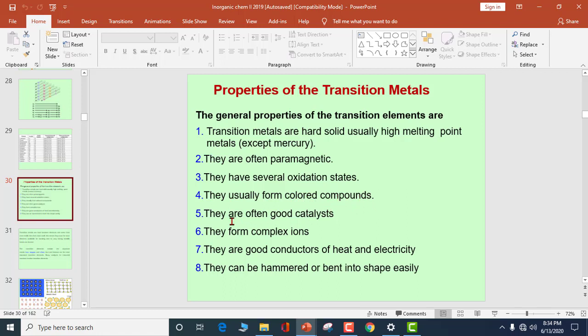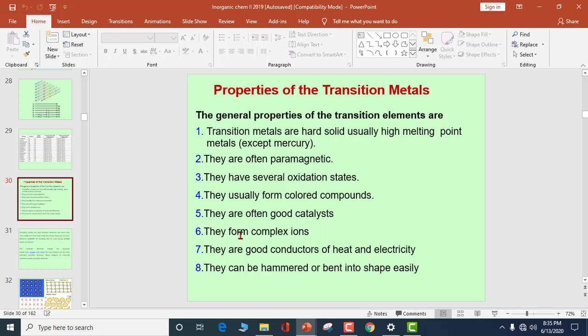Secondly, the transition elements have the much famous property of forming complexes or coordination compounds. That is why they show good catalytic properties, and that catalyst is used in industry and in various fields.